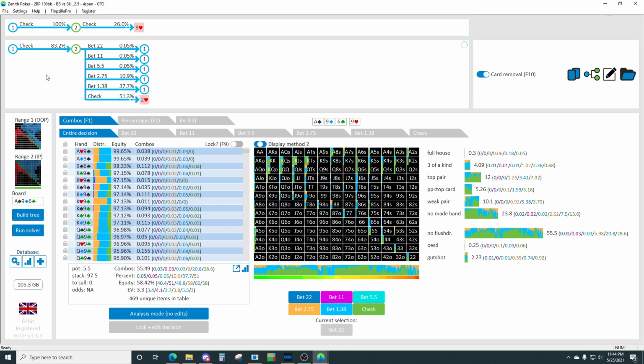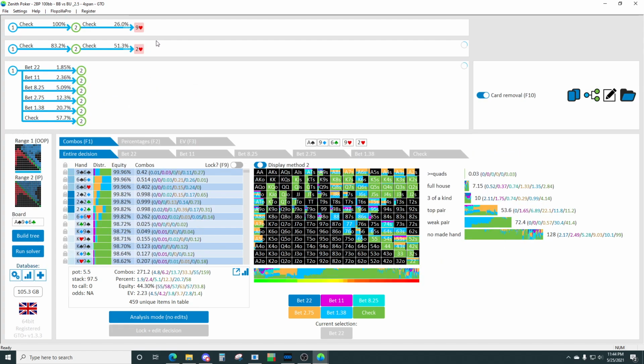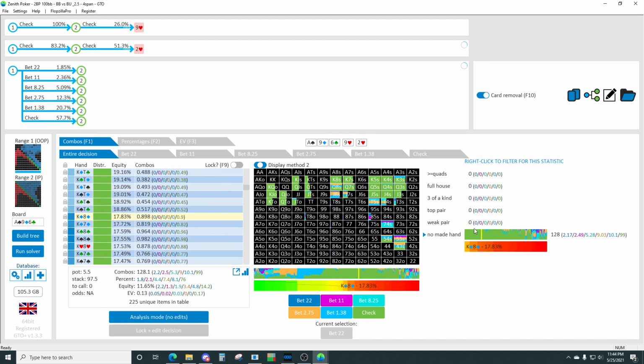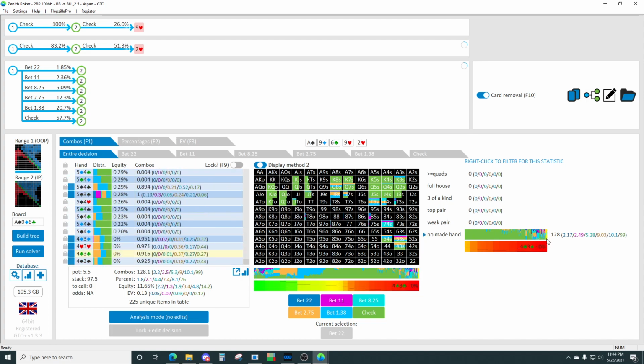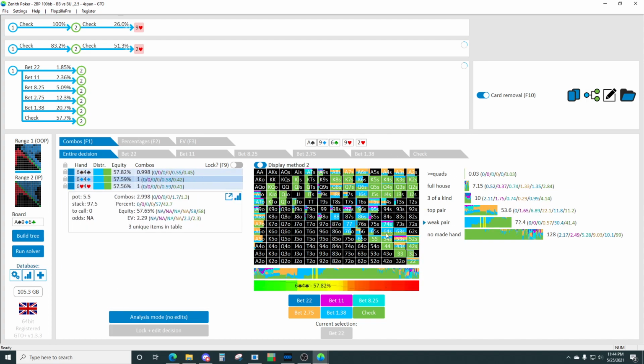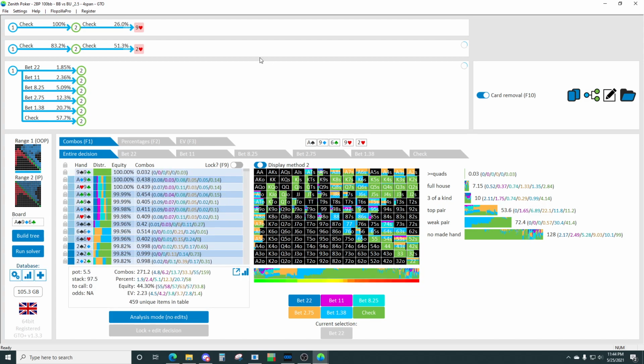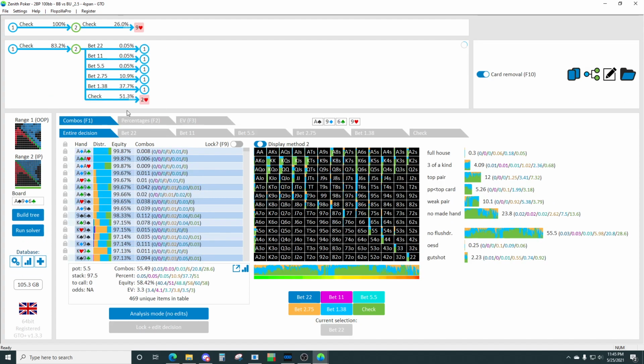It's going to be similar. So on these pairing runouts, out of position is just going to have to check down and lose a bunch, check and lose with 5 high or whatever. Yeah, sort of the idea.